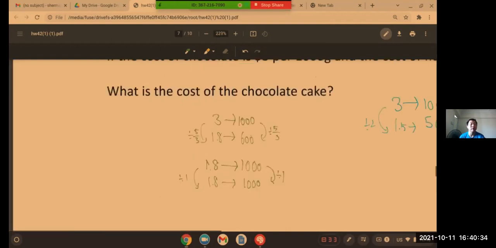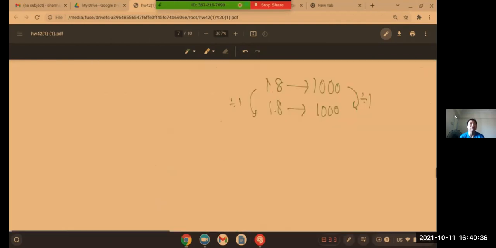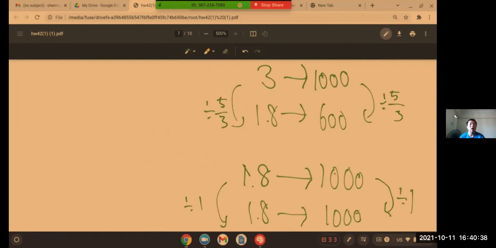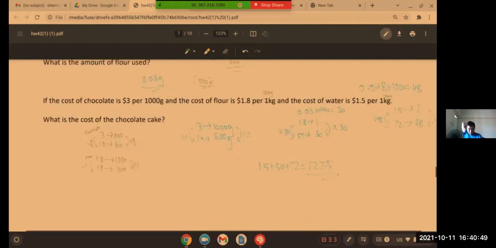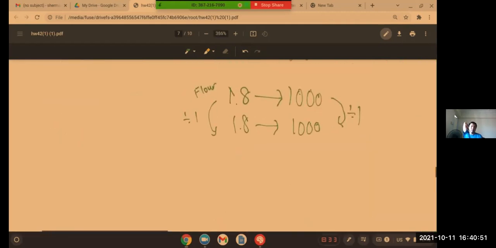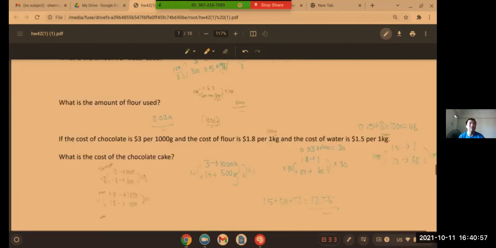Tell yourself, I'm doing flour, I'm doing chocolate, I'm doing water. You can write in front so that you don't get confused. Just one word will do. You are supposed to write one word in front, so the marker can understand better.